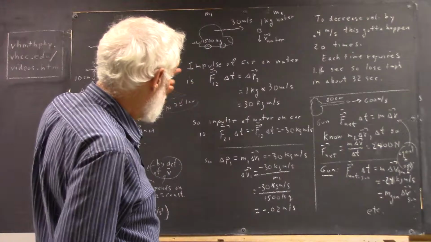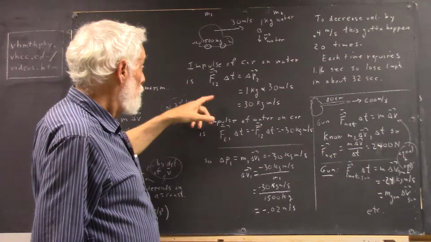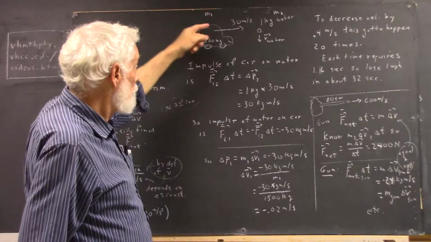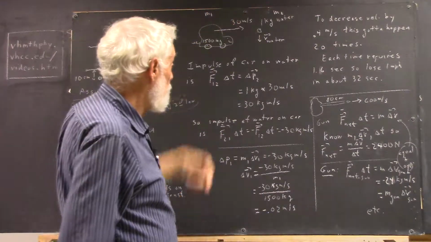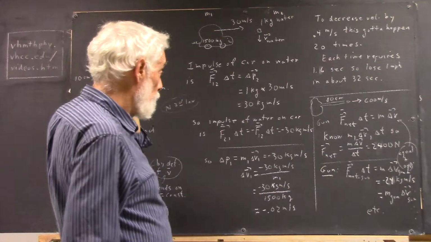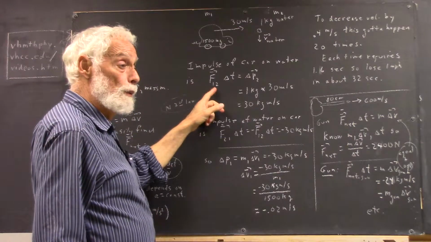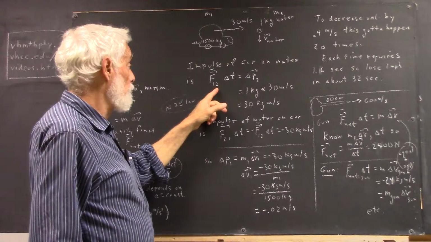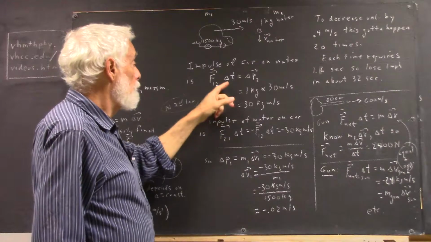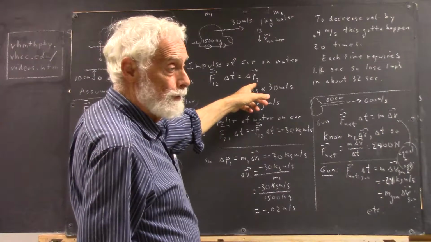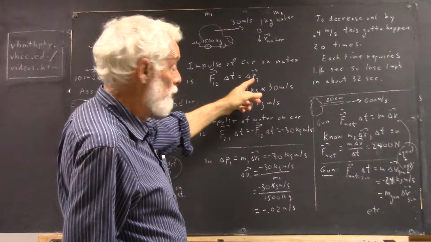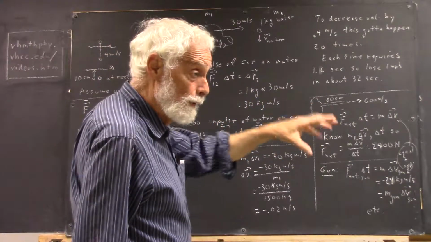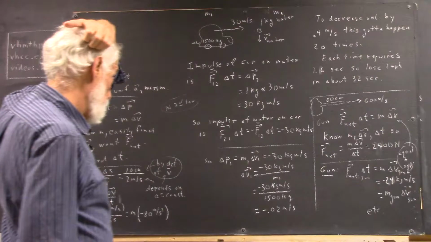Okay, so the impulse of the car on the water is F12. Now we're going to regard the car as object 1, the water as object 2. So it's the force exerted by the car on the water, force exerted by the first mass on the second, times delta t, is equal to the change in the momentum of the second object, because that's the object on which the force is being exerted.